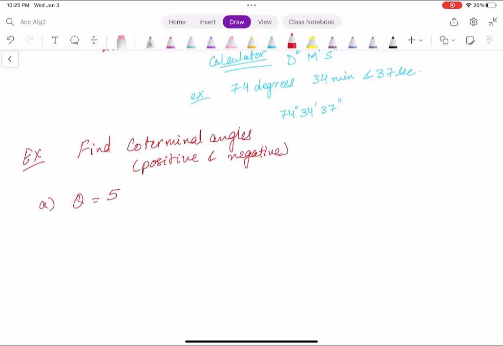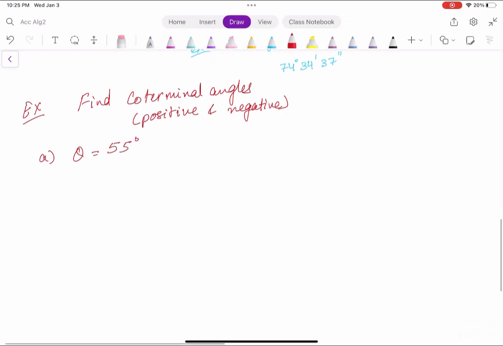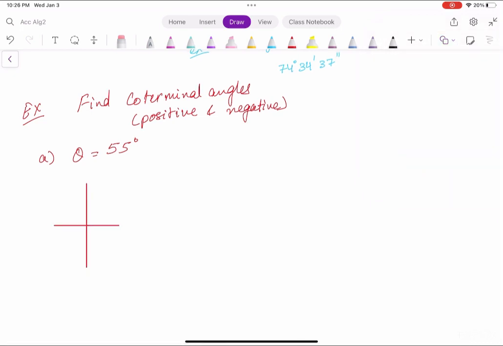So the given theta is 55 degrees. Because it is 55 degrees, if you imagine it on the coordinate plane, it will lie in the first quadrant, because in the first quadrant, the angle is between 0 degrees to 90 degrees. So let's form the angle first.